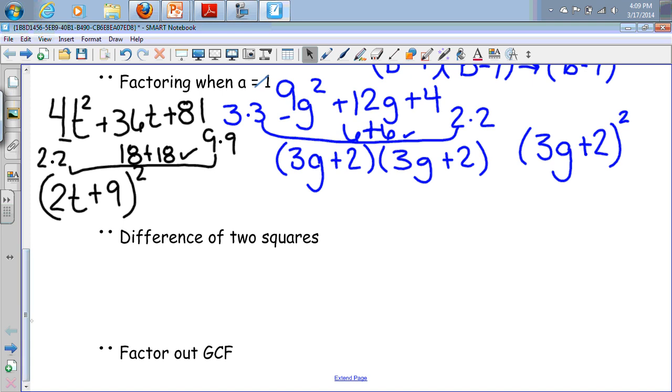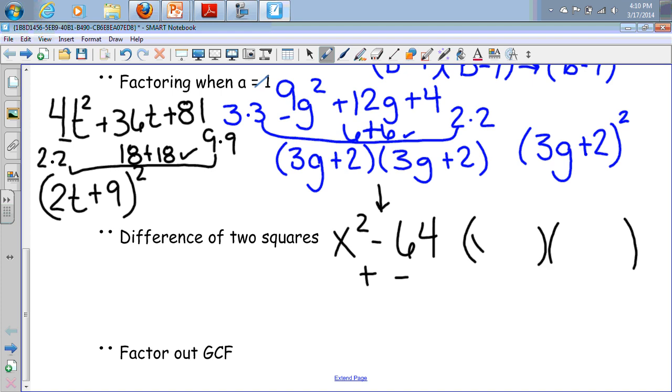Okay. Difference of two squares. This time we're going to be subtracting. This you'll find on page 530. The difference of two squares. This time we're going to be missing that middle term. And we're missing this middle term because one was plus and one was minus. So we're going to have two bubbles.